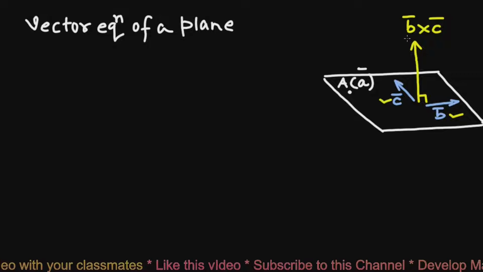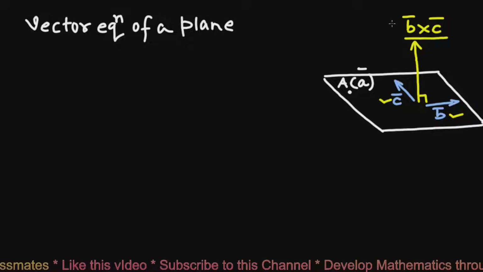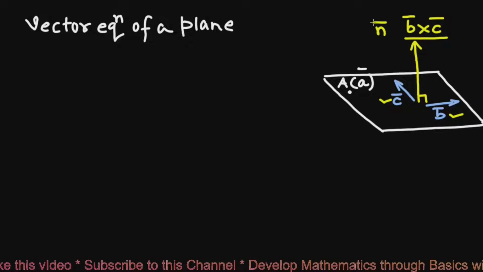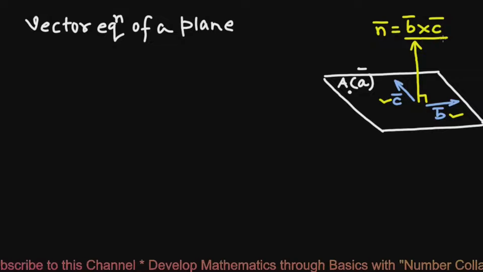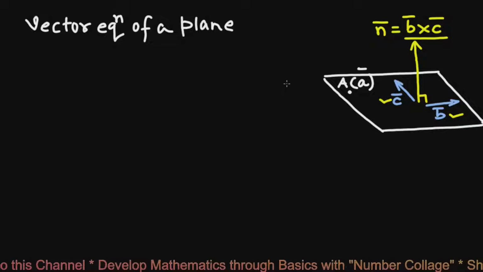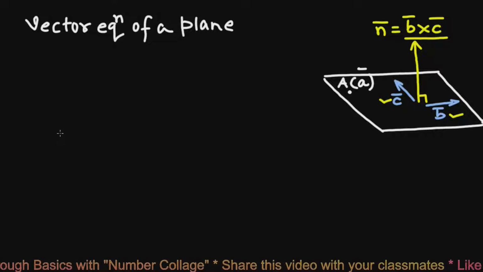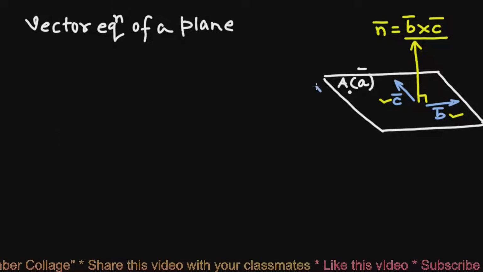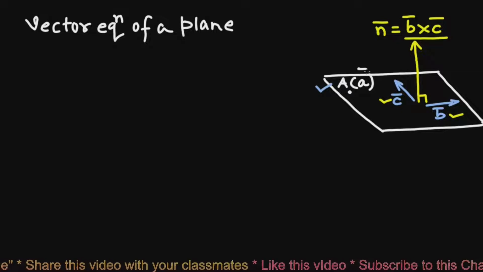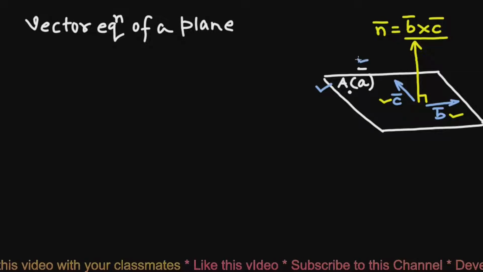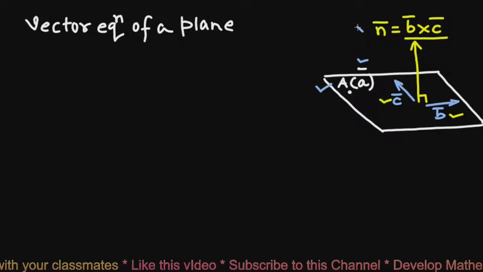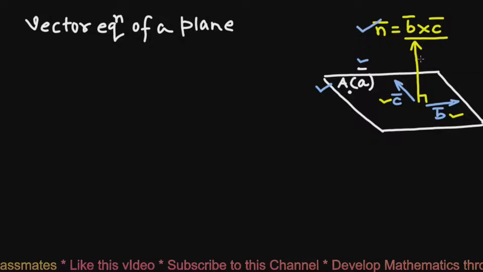So this b bar cross c bar is nothing but the normal vector n bar which we have already referred to. Now we have the familiar situation of a plane which passes through a point A whose position vector is a bar and n bar is a normal vector of this plane.